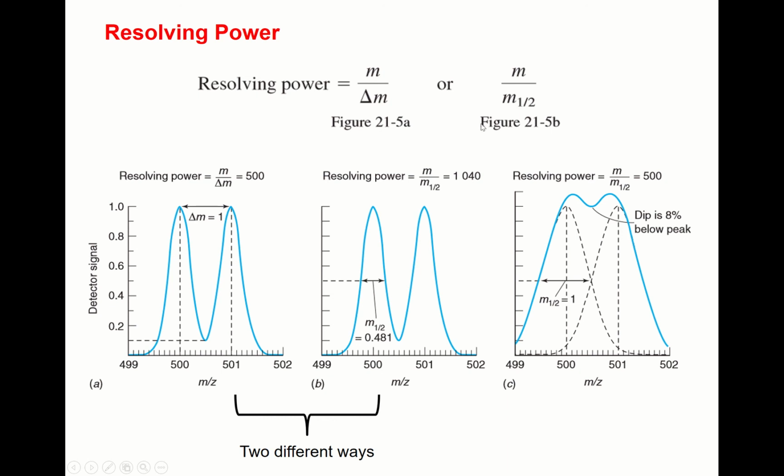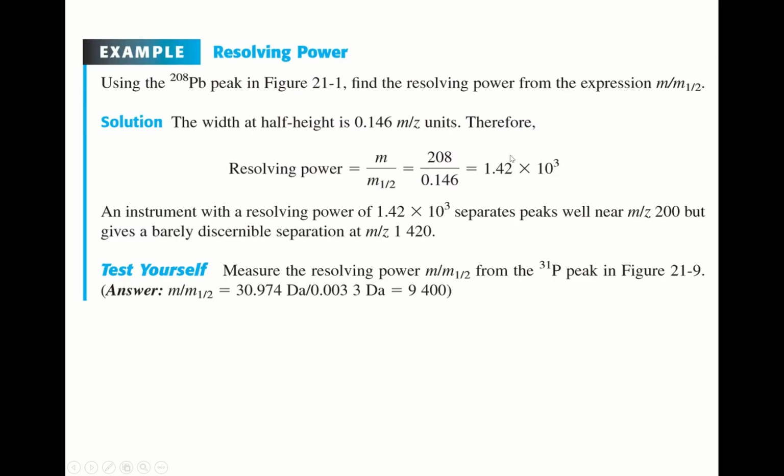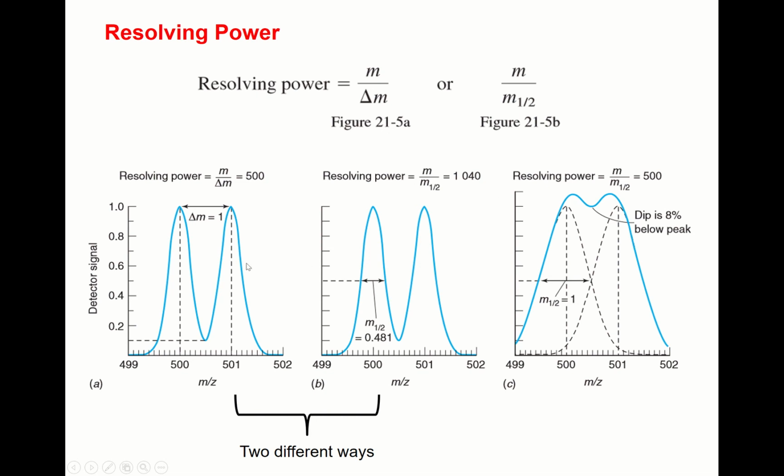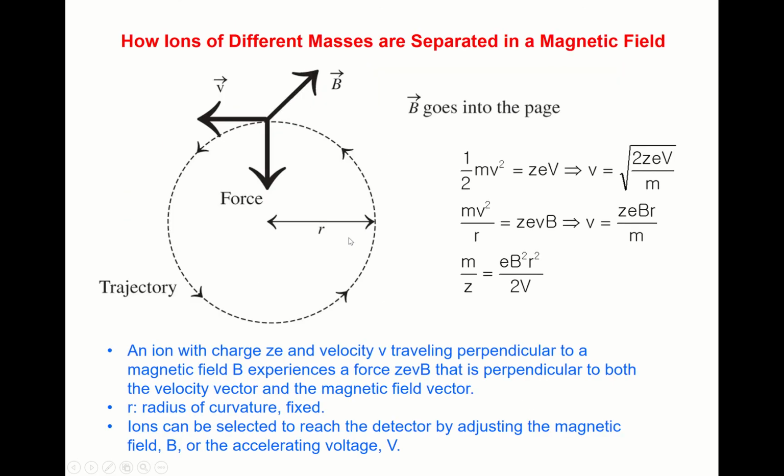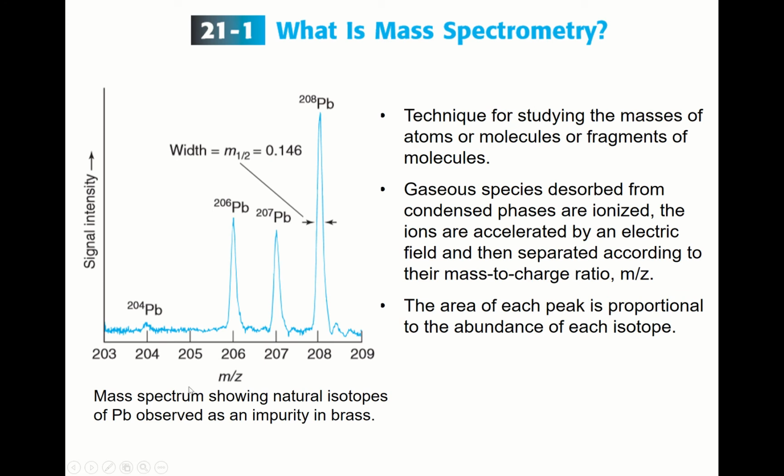But actually, this resolution is really poor. If you use a high resolving power mass spectrometer, you can differentiate very small differences. Here is an example using lead 208, where the mass number is 208.